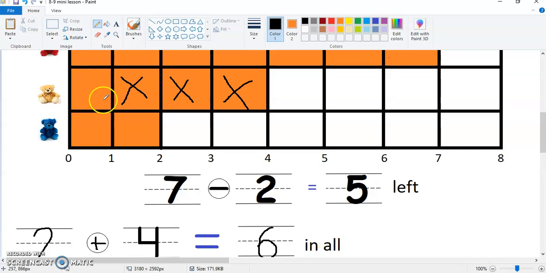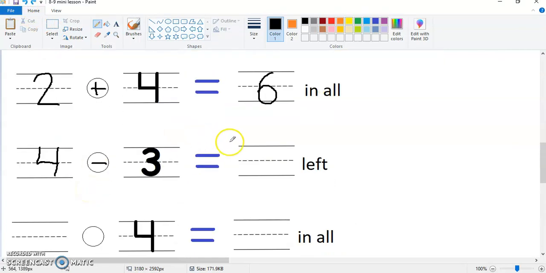How many are left over? 1. Very good. There is 1 left over. So we started with 4, we took away 3, and there was 1 left over. We knew that this had to be a minus problem because it said take away. It said take away. That means minus.